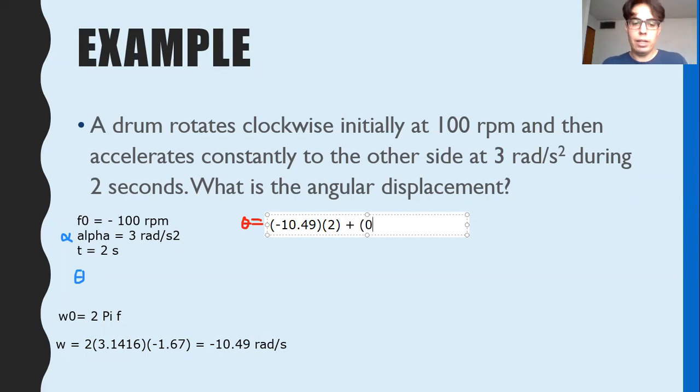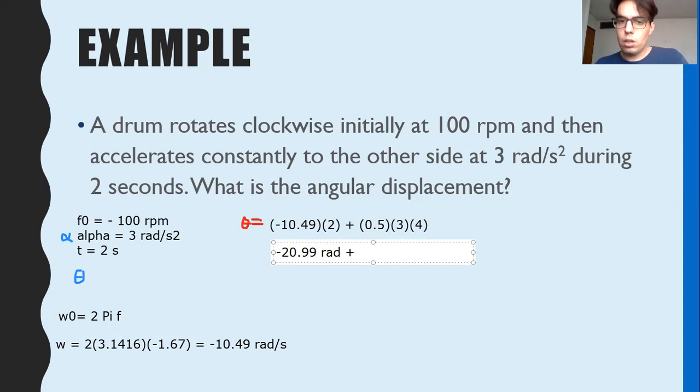And then we add a half, that is the same as 0.5, times the angular acceleration, that is 3 radians per second squared, times the squared time, that is 2 squared seconds squared. So the first part is going to be negative 20.98, or 99 even, we can put it like that, radians, plus 4 times 3, it's 12, times a half, it's 6, right? Yes, 6 radians.